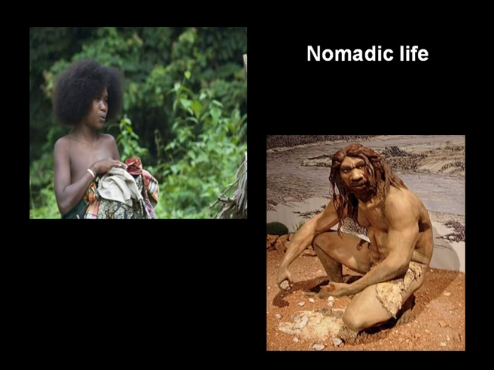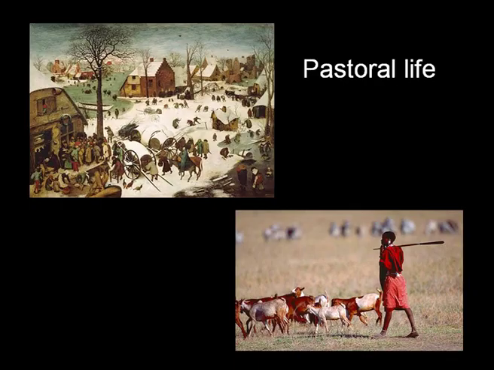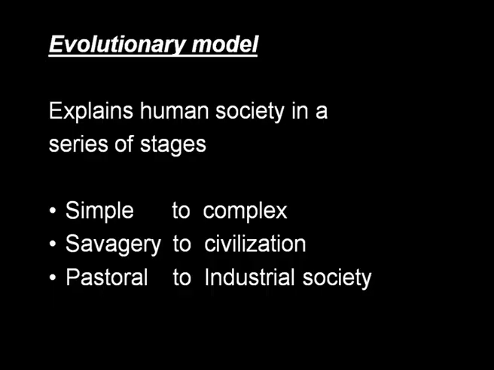It was earlier a nomadic life, passing into hunting, then pastoral life and then industrial society. So, man was progressing from savagery to civilization, from pastoral to industrial society. This is what we mean by evolutionary model, which includes several stages of human life.